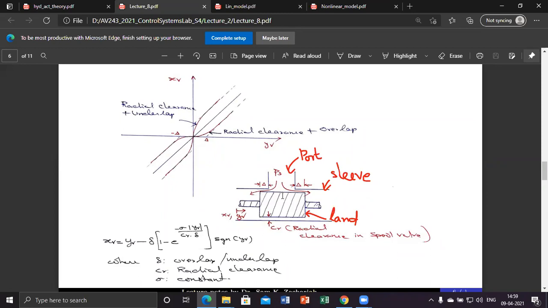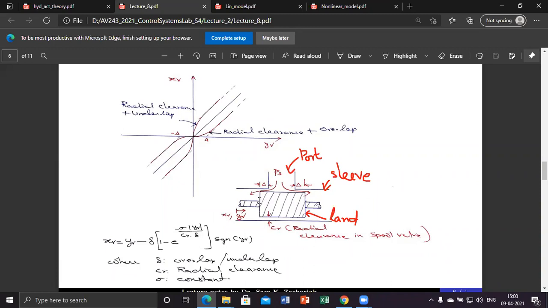Consider, for example, the case of underlap and radial clearance. When YV is equal to 0 at the middle condition, everything is balanced, with no equivalent flow into the actuator chamber.